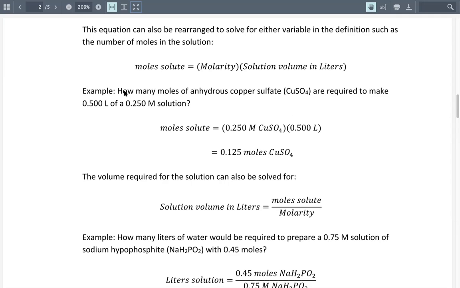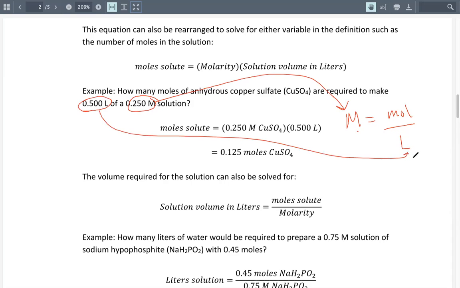They give us the amount of liquid and the molar solution. We have to remember that this is our molarity equation. Molarity is equal to moles over liters. So if I'm given the molarity, which is that number there, and I'm given the liters, I can figure out the moles.